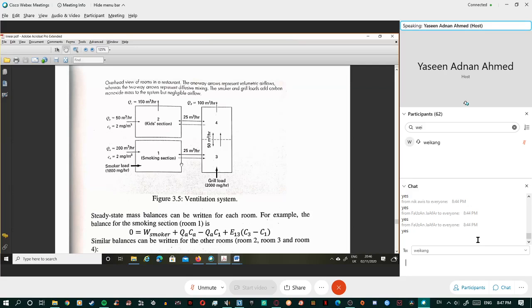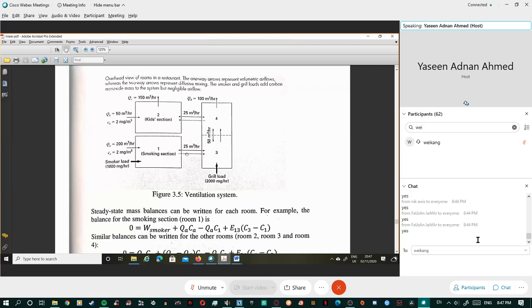In this case, we consider the mixture, E13. That value should be given to you. All the values should be provided to you. This E13 is actually 25 meter cube per hour. You can see the unit is the same, but in this case we cannot use QA because it is exchanging. That's why they use E13, that is 25.